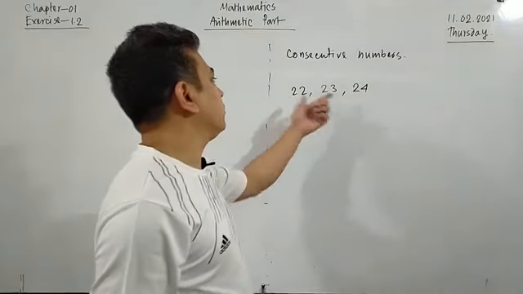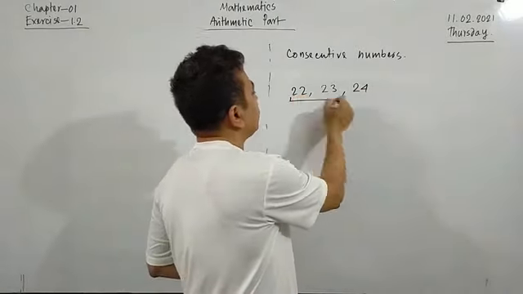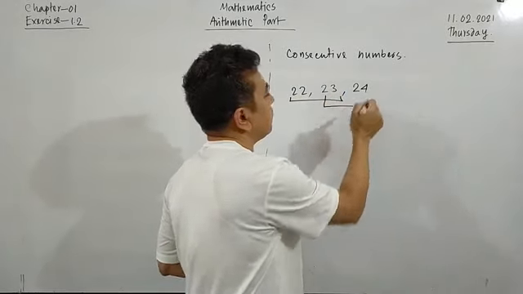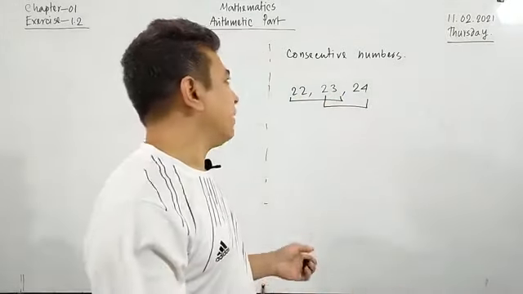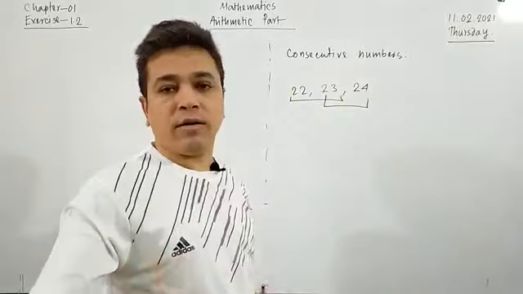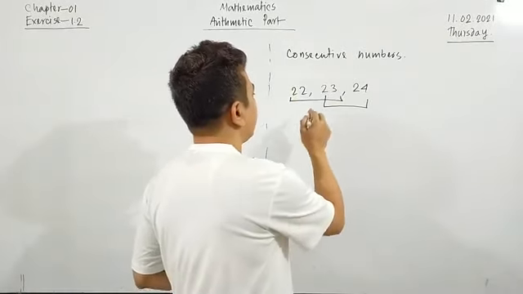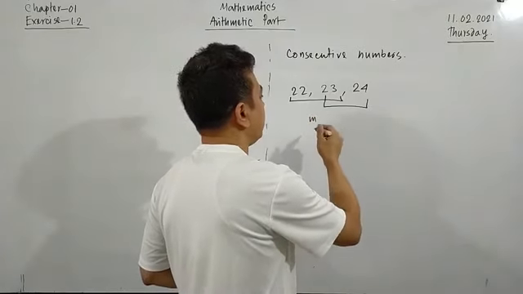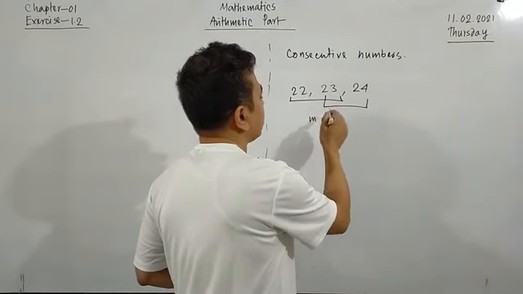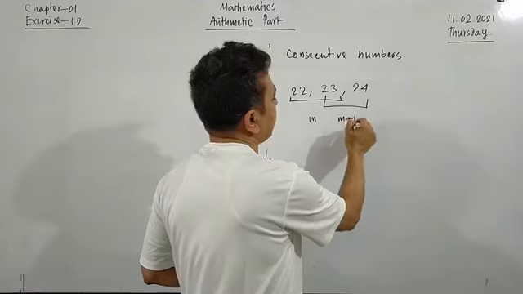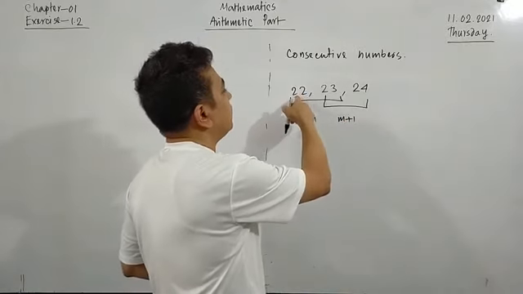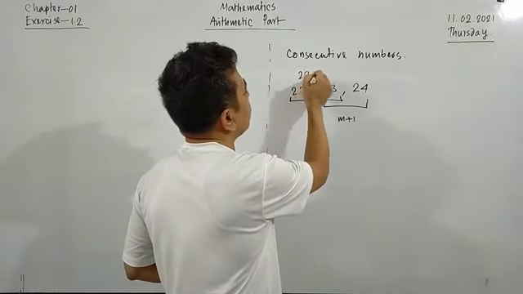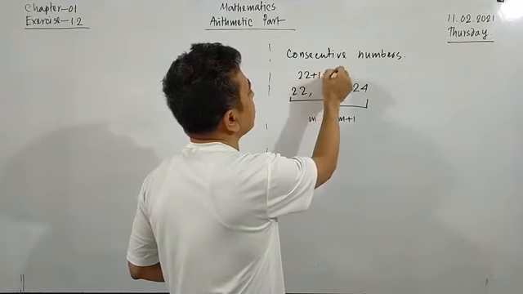So consecutive means one after one. For example, if one number is m, the next number will be m plus 1. Look here, it is 22, so 22 plus 1 is 23.